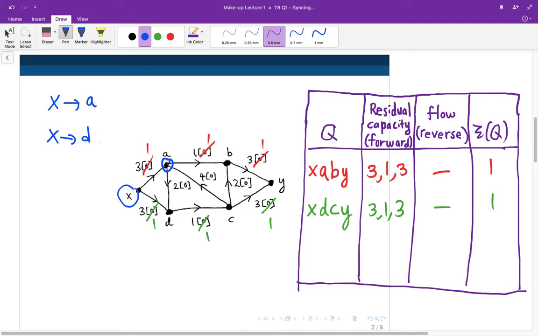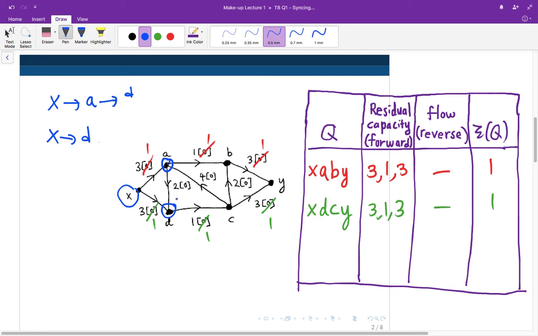The flow is exactly the capacity. What about going from A to D? Yes, we can, right? Because the current flow is 0, which is strictly less than 2. So we can go from A to D if we wish.